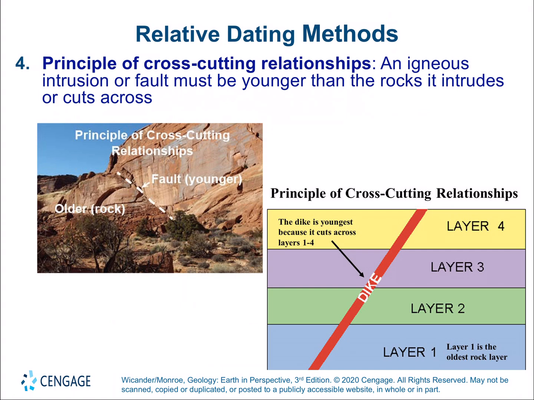If you notice in the top left picture, the dotted line that's labeled fault is going to be younger than the existing rock. On the bottom right, you can see how we have layer 1, 2, 3, and 4, and then we have that red dike cutting diagonally across it. Well, this principle of cross-cutting relationships tells us that the dike is going to be the youngest unit.